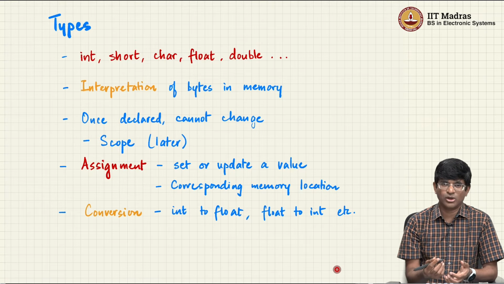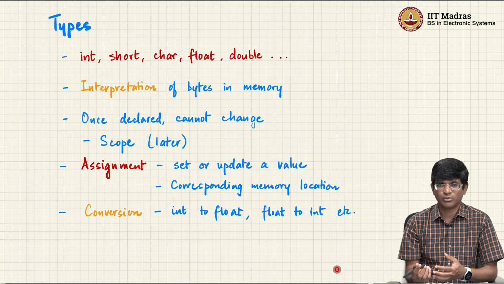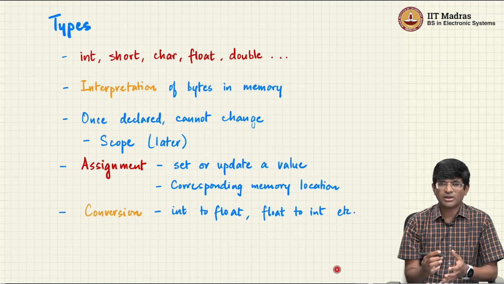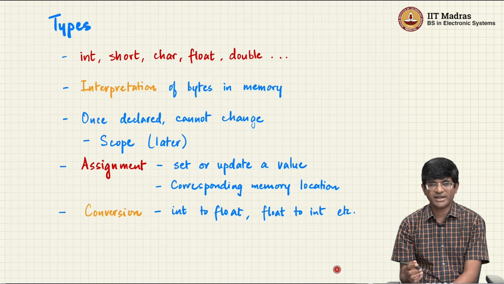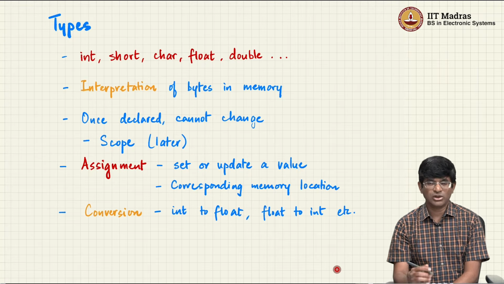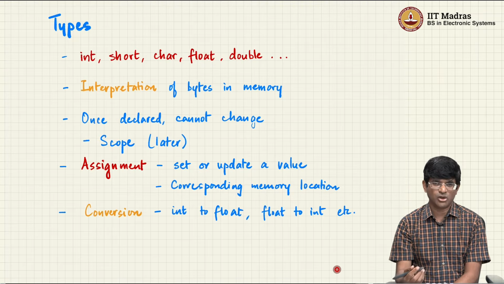For example, if I want to convert from an integer to a floating point number, or a floating point number to an integer, or from an integer to a short integer or a character, or the other way around, there will be some automatic type casting. In general, that is restricted only to numbers and certain very specific data types. It is also something you need to be a little careful about. Although it's convenient as a programmer, it can lead to potential problems if you don't use it carefully.